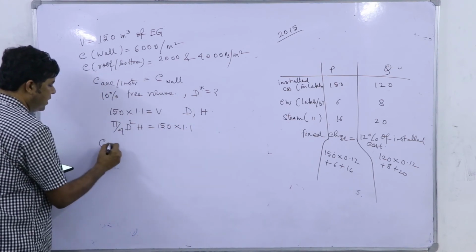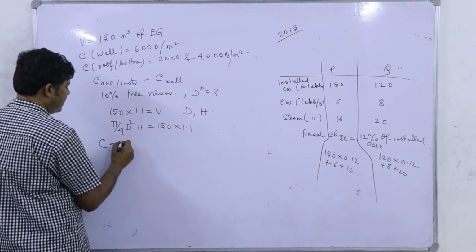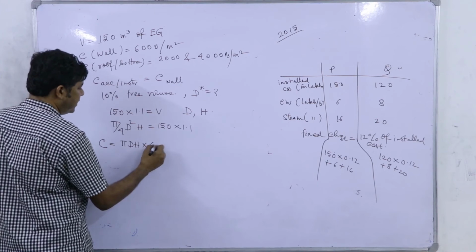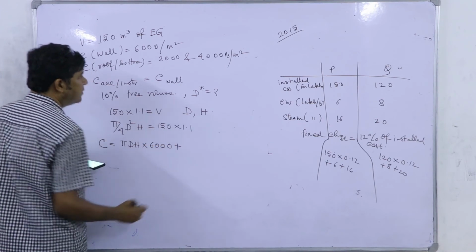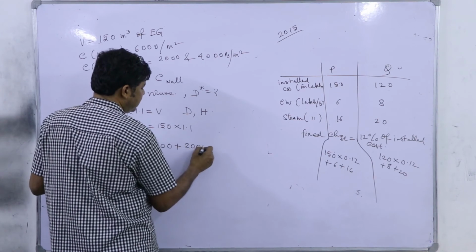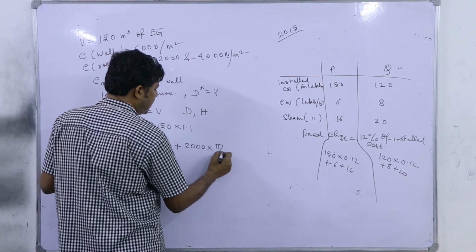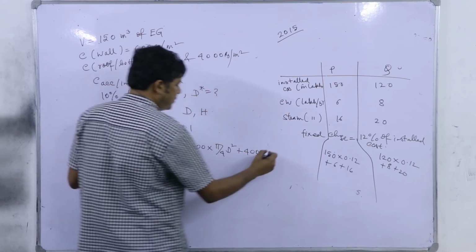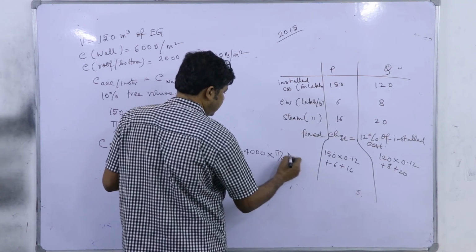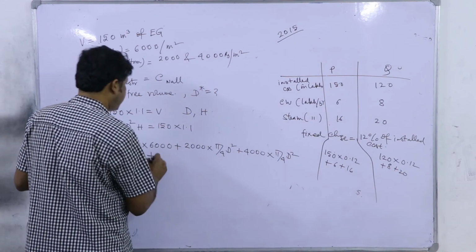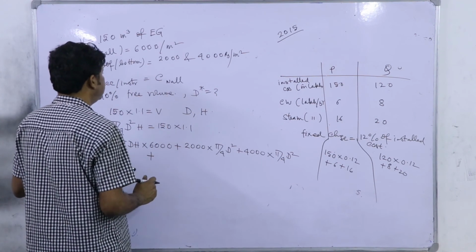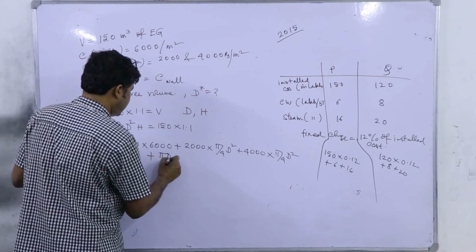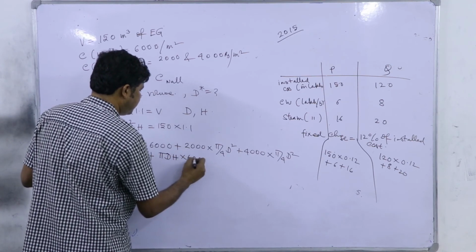And next the total cost is pi D H, that is the wall, into 6,000 plus 2000 into pi by 4 D square plus 4000 into pi by 4 D square plus for accessories we have pi D H into 6,000.